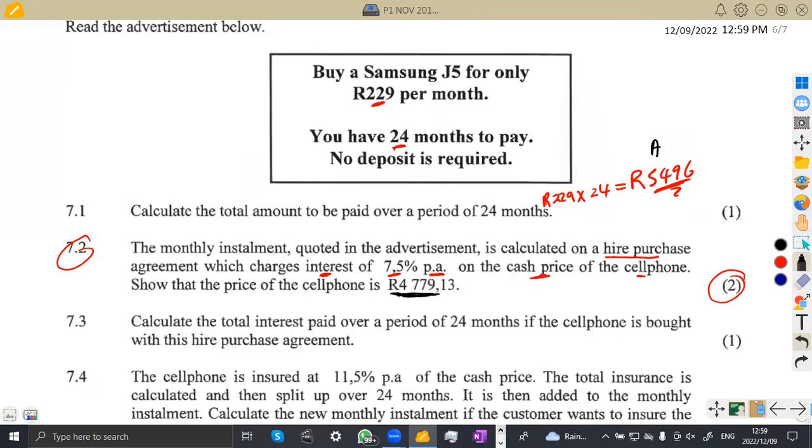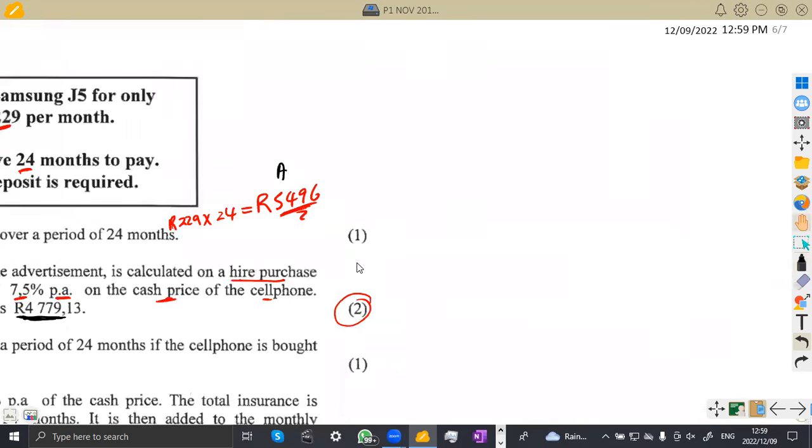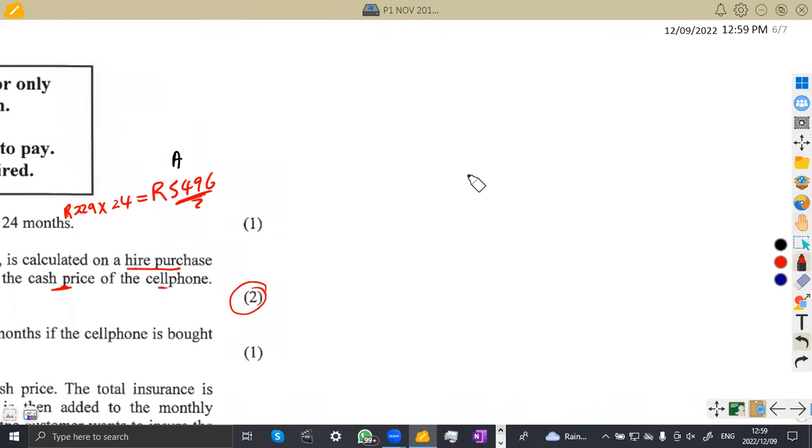Take note, it is hire purchase, where we know that if you're dealing with hire purchase, that's simple interest that you're going to use. So this is 7.2, where we know that amount is equivalent to P into 1 plus iN for the simple interest. All right. So the amount that we are going to have is the total amount here of 5,496.